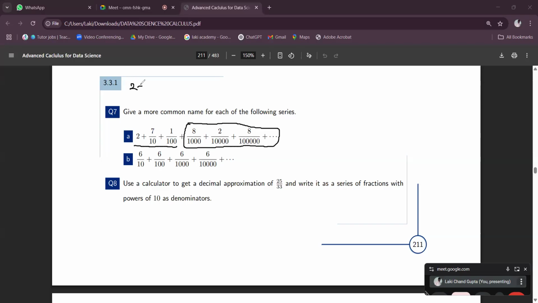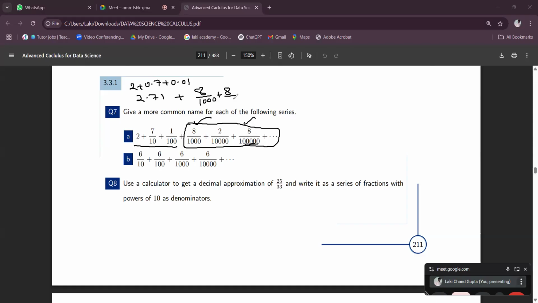You will get 2.7 plus 0.01. You will get 2.71. And in this term, you can see 8 upon 1000 plus 8. 8 means this term.